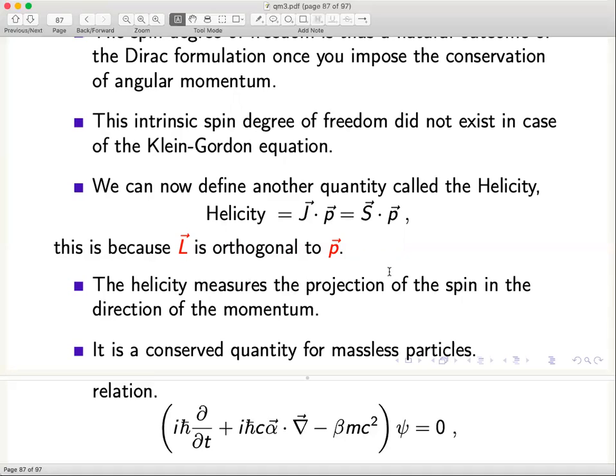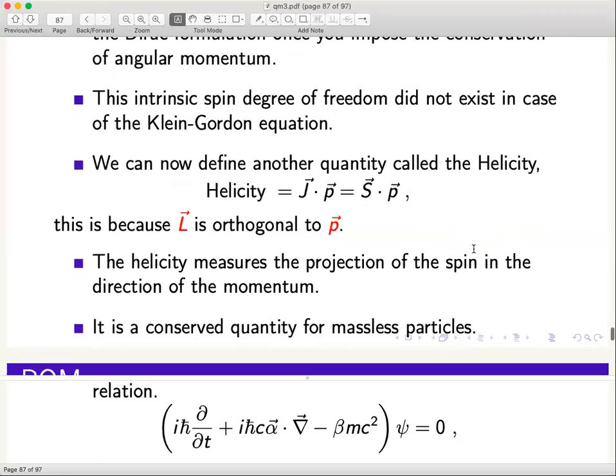It has a spin projection, and those projections, whether in the direction of momentum or opposite, are Lorentz invariant quantities. You cannot go to any other frame to change the projection of the spin. So this is one interesting operator.